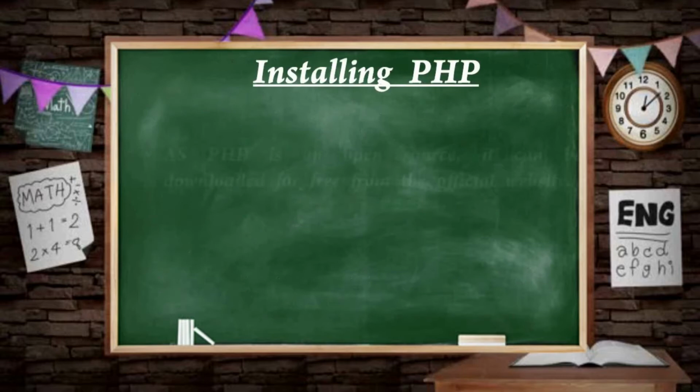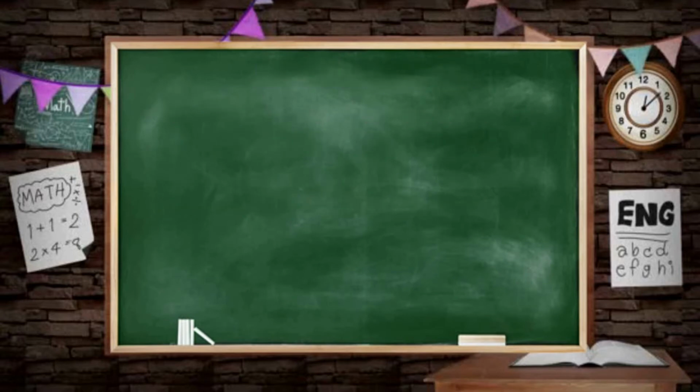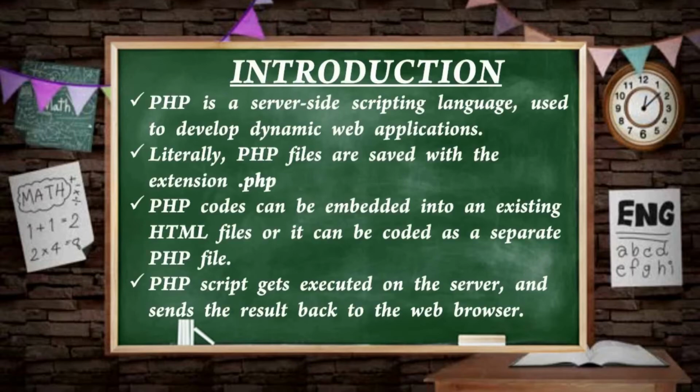So what exactly is PHP? PHP is a server-side scripting language, right? In our HTML series, I have explained what client-side interactivity and client-side scripting are, right? If you have a form and you want to add validation, you can use JavaScript, right?